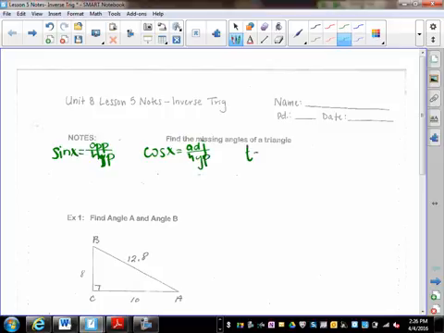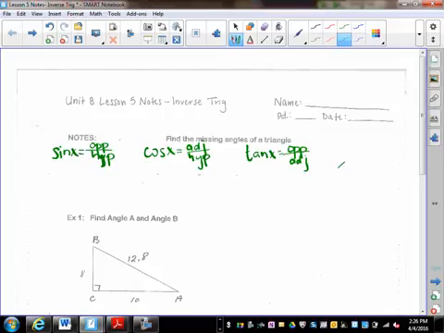And tangent of x is opposite over adjacent. Again, these values change based upon the degree you're dealing with. So you must specify which degree you're working with. You must specify what you're taking sine, cosine, and tangent of.